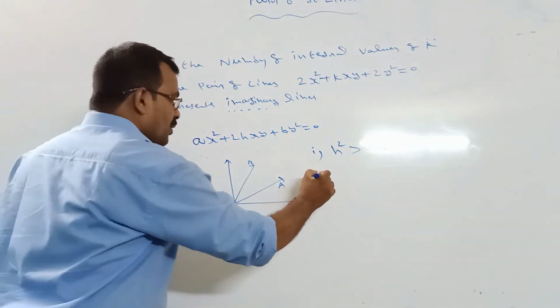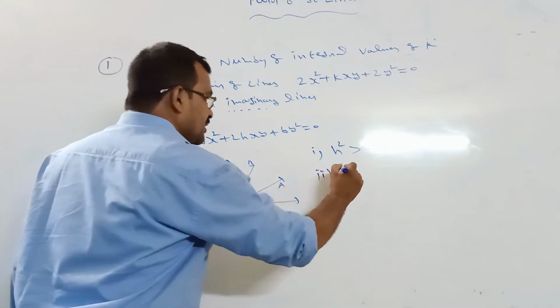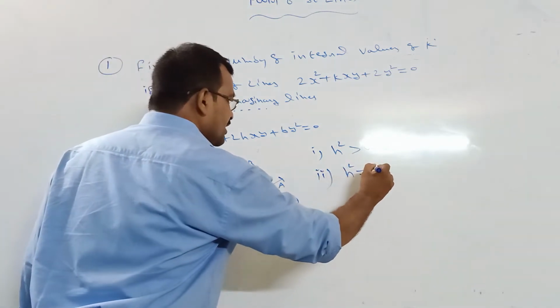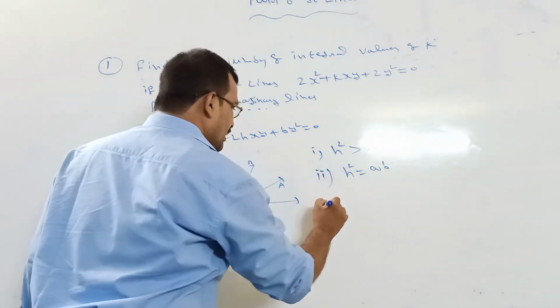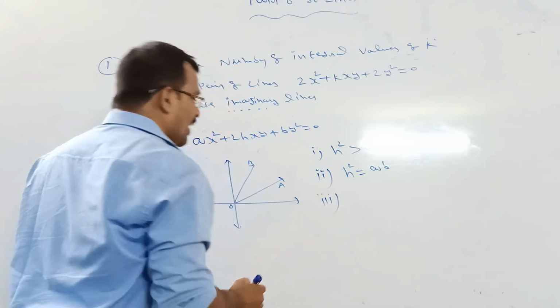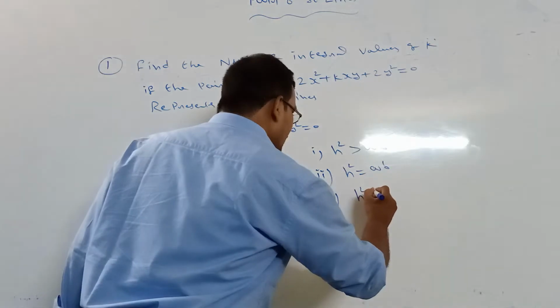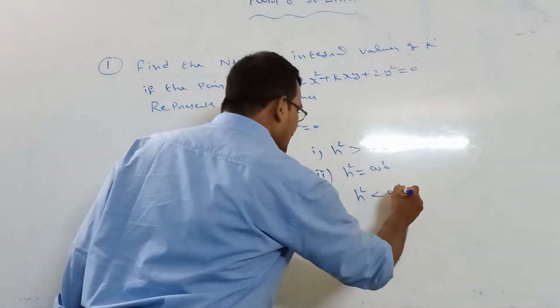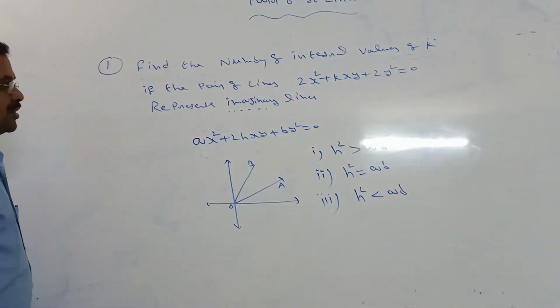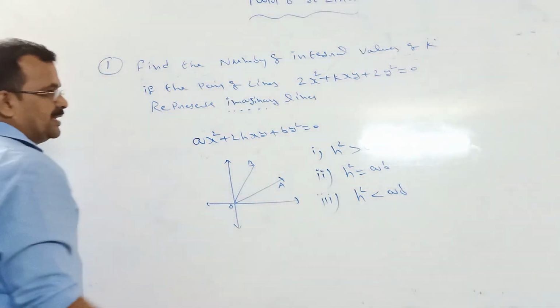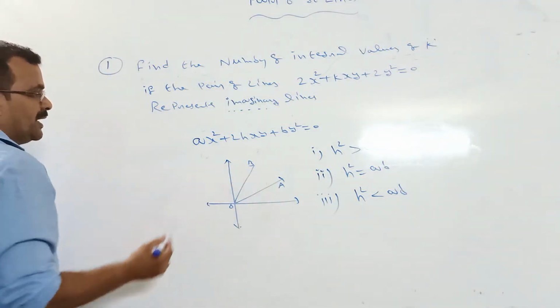If the two lines are coincident, h square equal to ab. If the two lines are imaginary lines, then h square less than ab. So now I apply this condition.